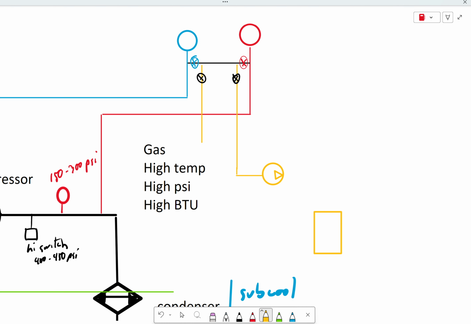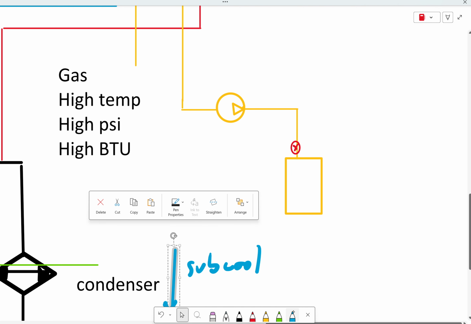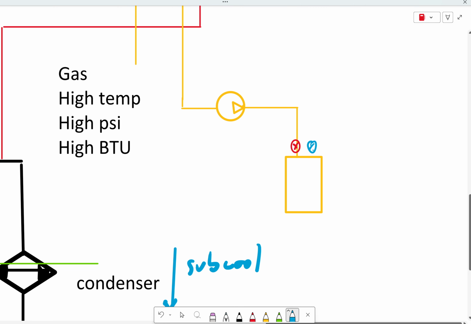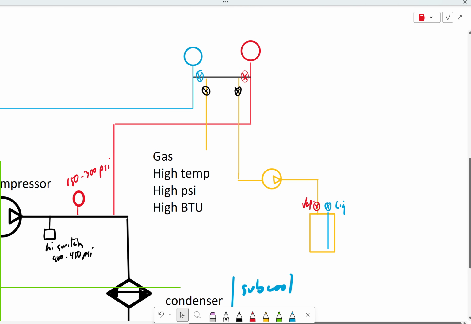Those 2 valves on the top of your recovery tank, what do they usually say? Liquid and vapor. So your recovery tank is going to have a liquid line and a vapor line. And the liquid line is going to go down to the bottom. So, liquid, vapor.